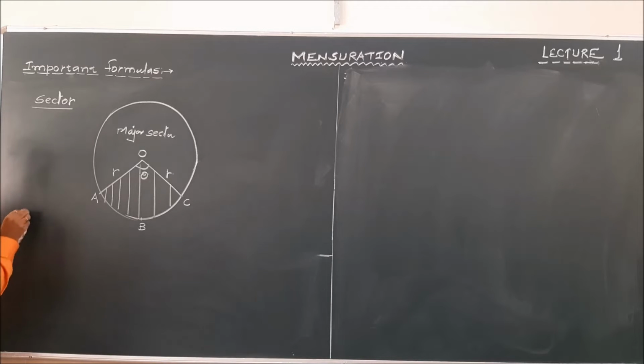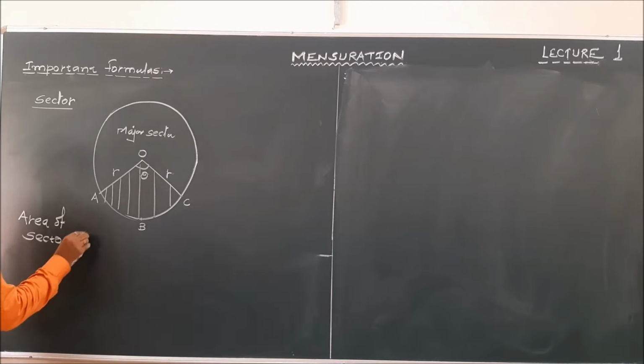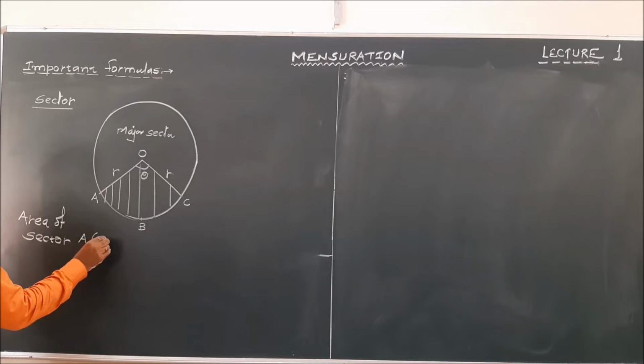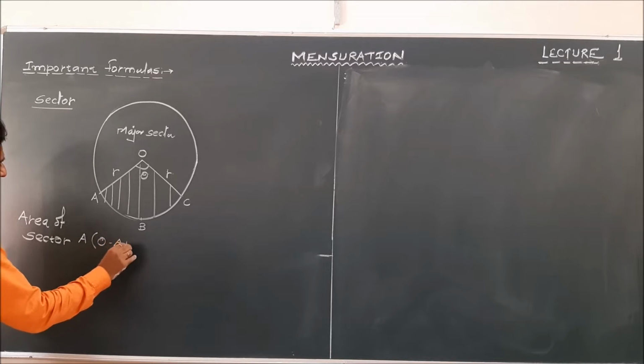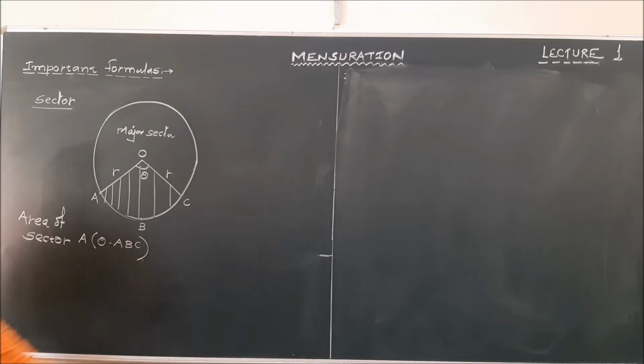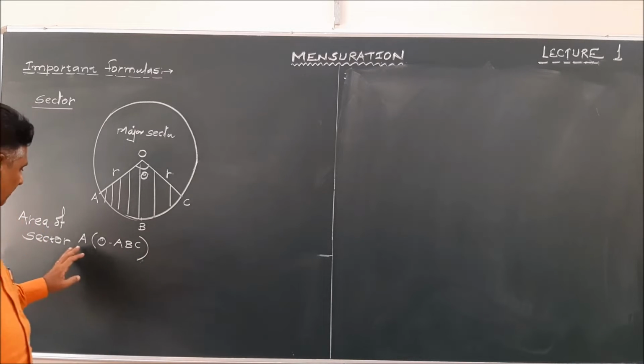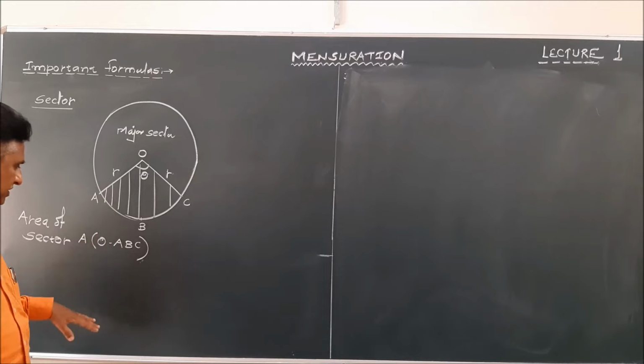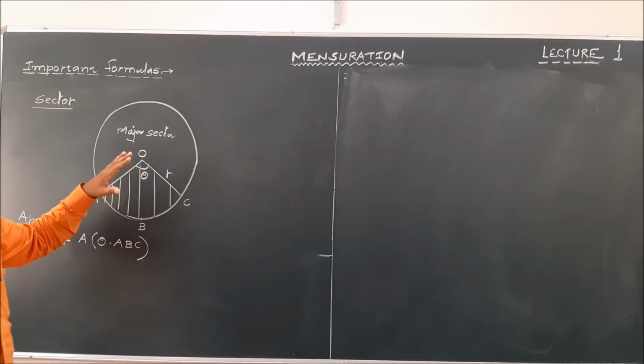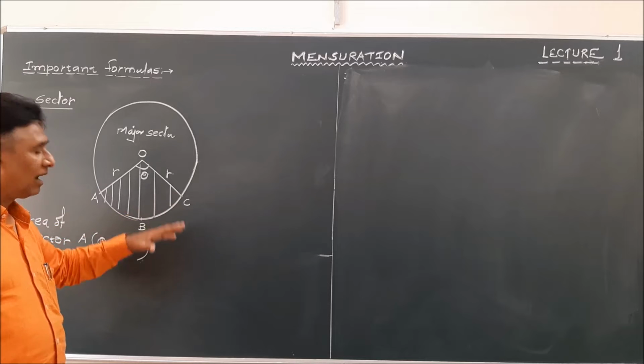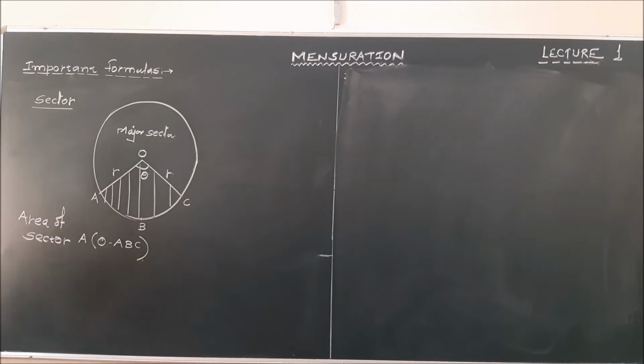Now let's see here. Area of a sector formula. You have to read it this way. Area of a sector of a circle with center O and bounded by radii and arc ABC, I repeat again.